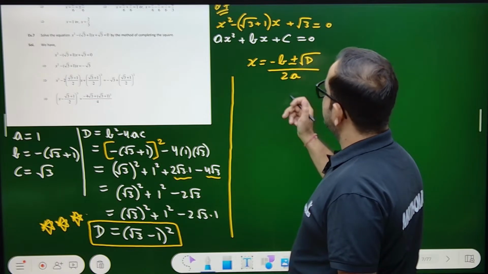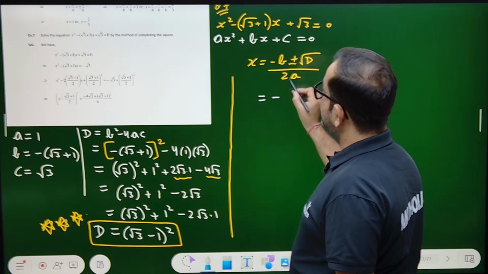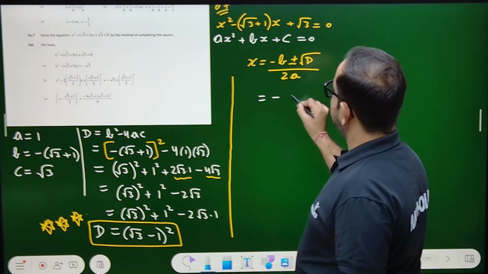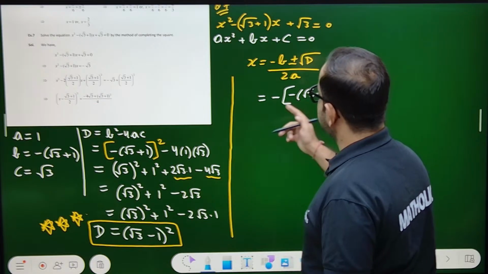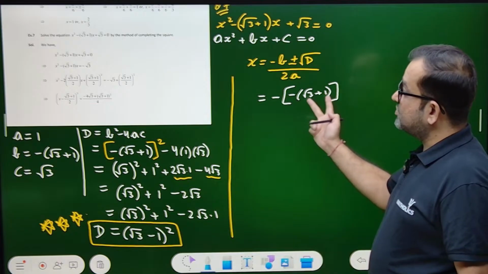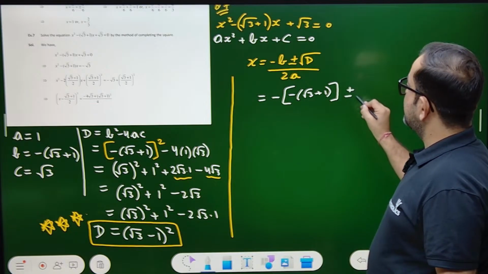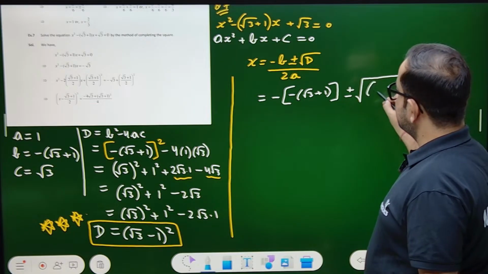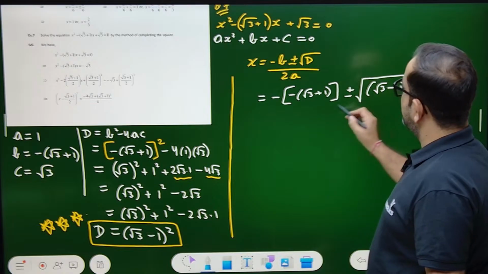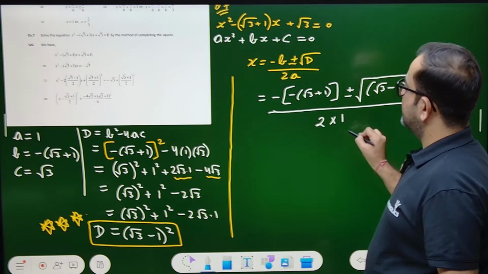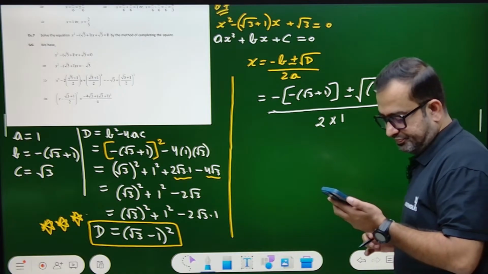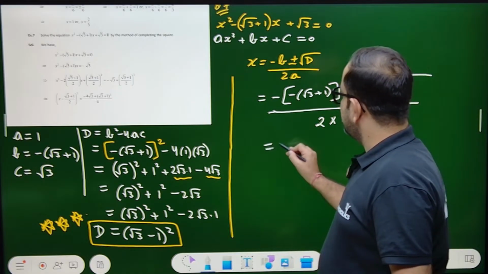So minus b would mean minus of minus under root 3 plus 1. This is minus with the formula and this is the actual value of b. Plus minus under root of d, that means under root 3 minus 1 whole square, whole upon 2a would mean 2 into 1. Got my point?